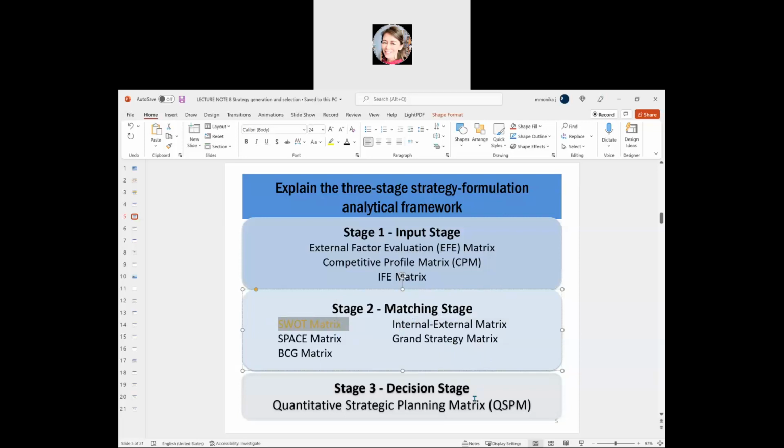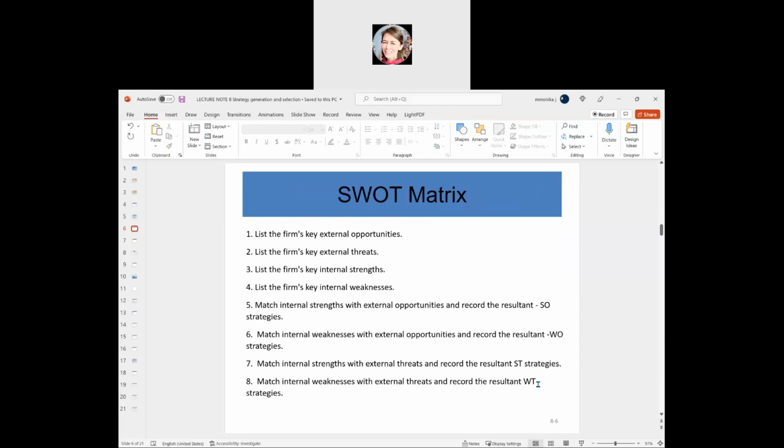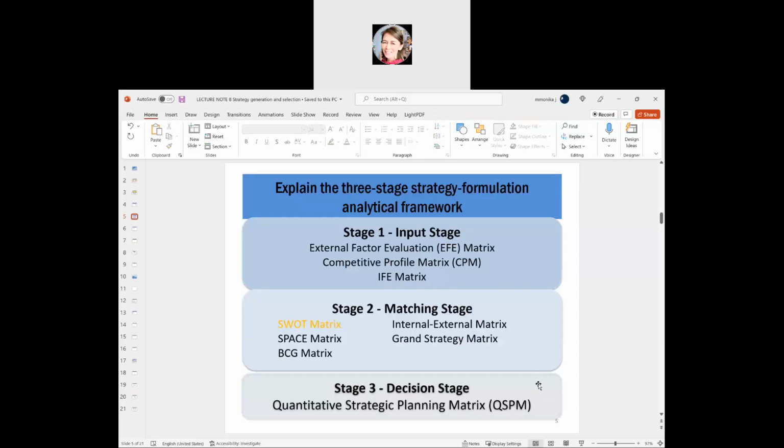Now, stage three, the decision stage, is the QSPM or quantitative strategic planning matrix. This is the last stage of this three-stage strategy formulation framework. So in here is the use of the QSPM tool to reveal the relative attractiveness of alternative strategies.